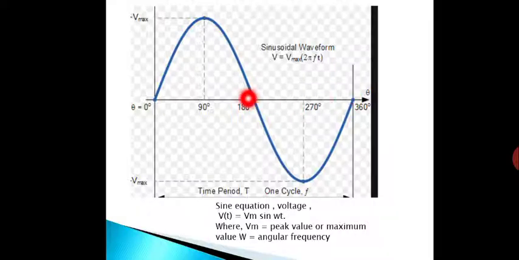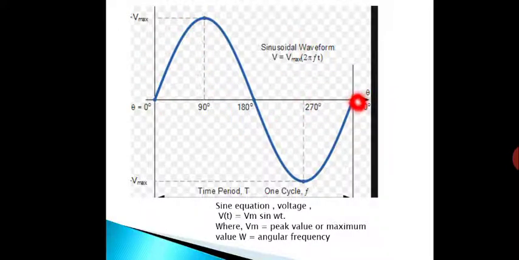If you have third order harmonics, then the same cycle will repeat 3 times in this time frame; that we call third order harmonics. If you have second order harmonics, the same waveform will repeat 2 times.